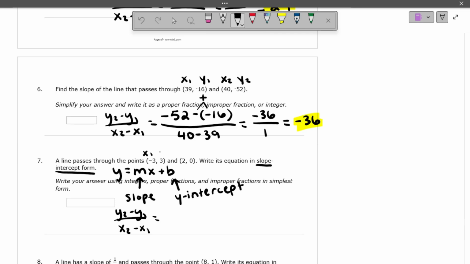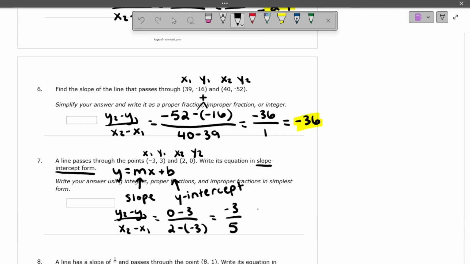And again, let's label it so we don't mix anything up here. So x2, y2, all right. y2 is 0 minus a negative 3 over 2 minus a negative 3. So let's see, we got a negative 3 over 2 minus negative 3 will end up being a positive 5. So that is going to be the slope of our line.